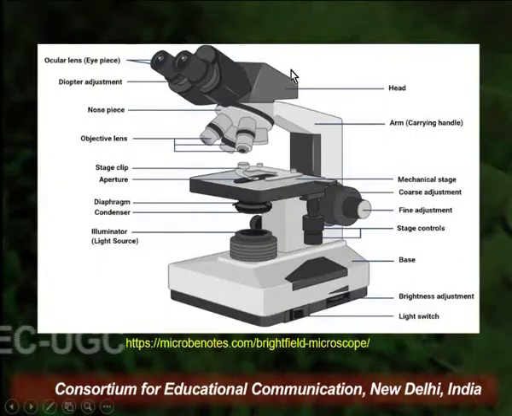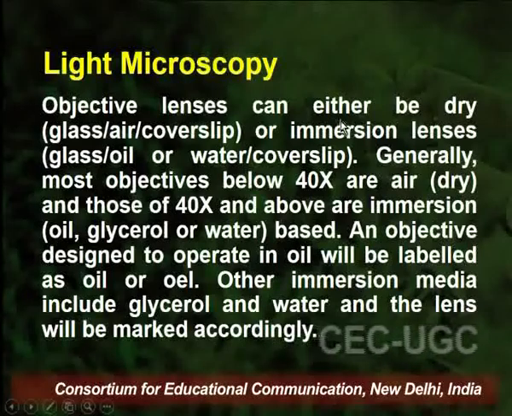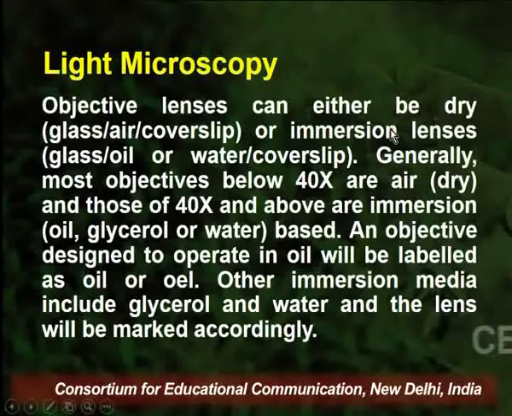So here in the diagram you can see the objective lenses, which are the most expensive ones, and they are the set of lenses which receive the transmitted light. The objective lenses can either be dry lenses, that is glass, air, cover slip, or immersion lenses such as glass, oil or water, cover slip.